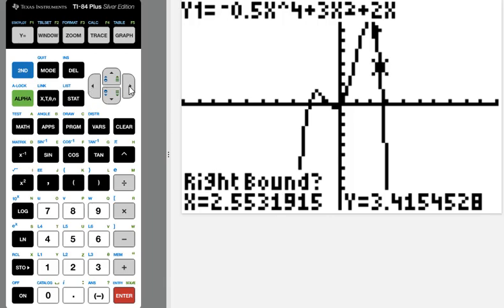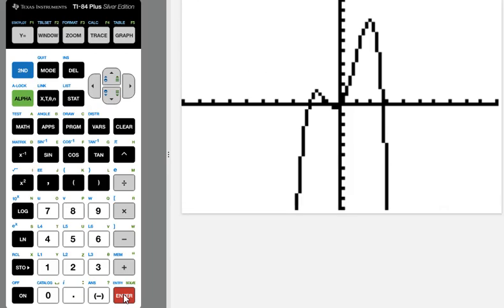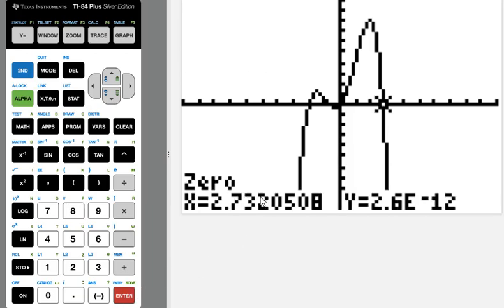Right bound, so keep moving to the right side of this x-intercept. I will press enter again, then enter. You could see your answer will be 2.73. That will be the x-intercept. Remember, we need 3 significant figures.